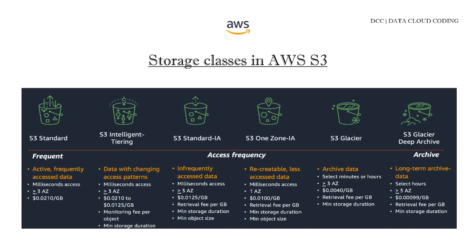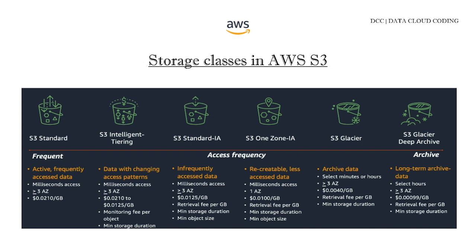The cost is a little less than S3 Standard, which is $0.0125 per gigabyte of data stored. In S3 Standard-IA, we also have to pay a retrieval fee per gigabyte. Whenever we retrieve data from S3 Standard-IA, we pay a very small retrieval fee, calculated per gigabyte of data retrieved.